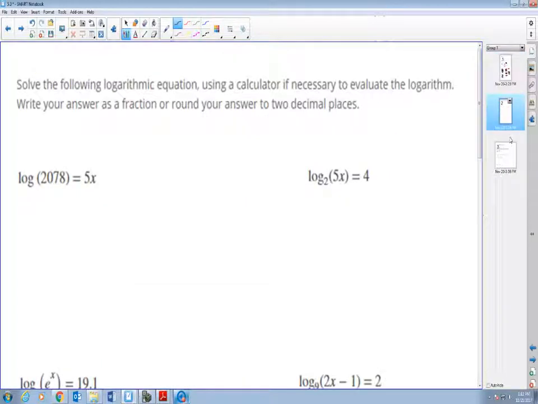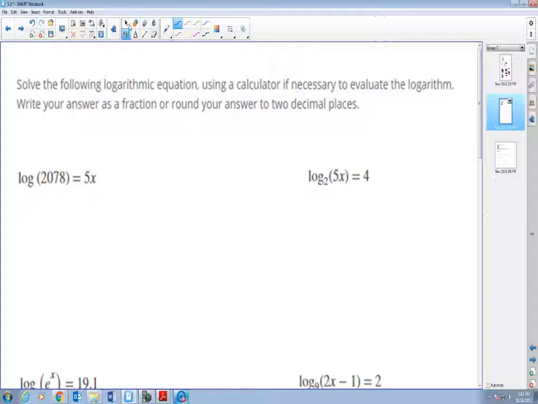Now this group of problems is a little bit different. All right, this is log with the base 10 of 2078 equal to 5x. So technically what I can do is put this in the calculator, give me some sort of numerical value, then divide both sides by 5.